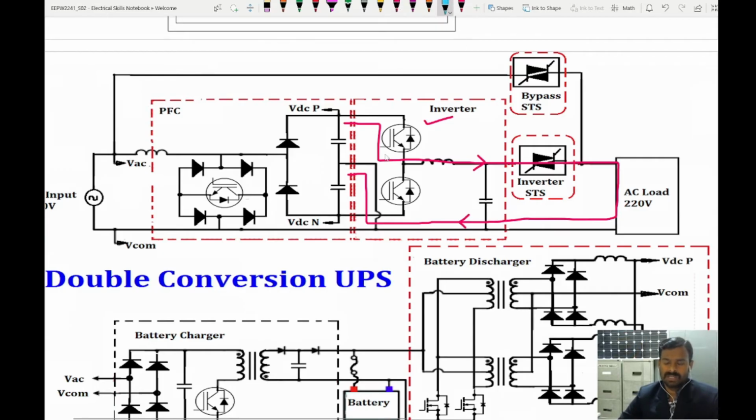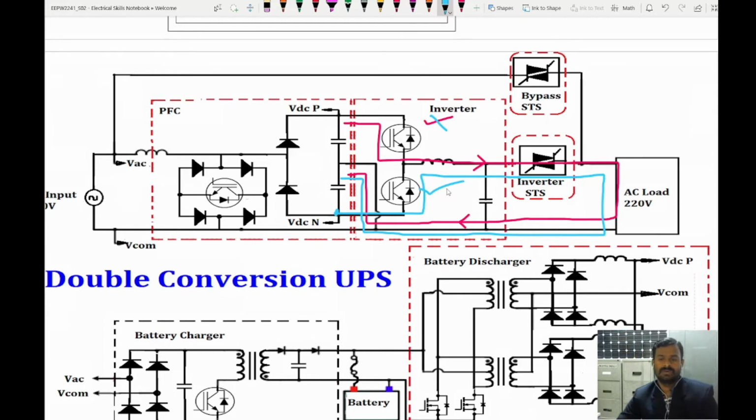Once the required time is finished, this IGBT is going to be off and the second IGBT is going to be on. Now the current flows again from the same point, in the opposite direction in the second inverter, and comes back to this point.